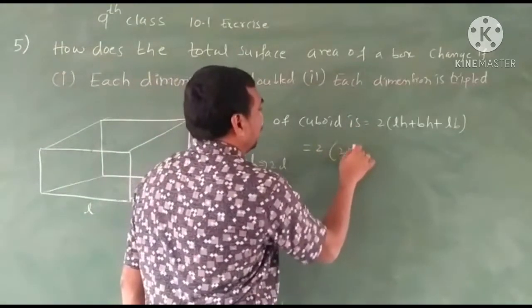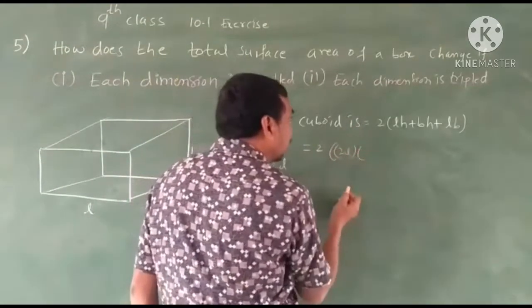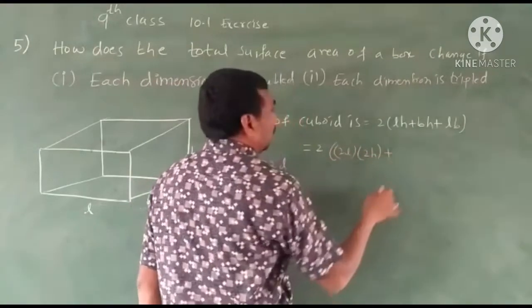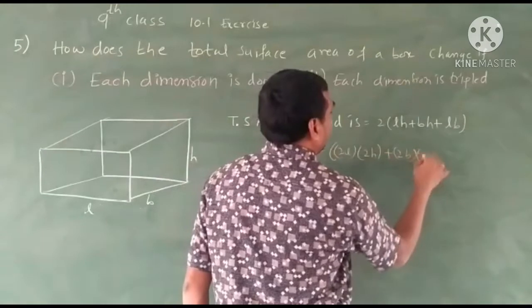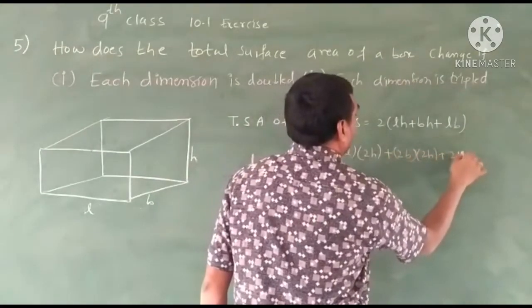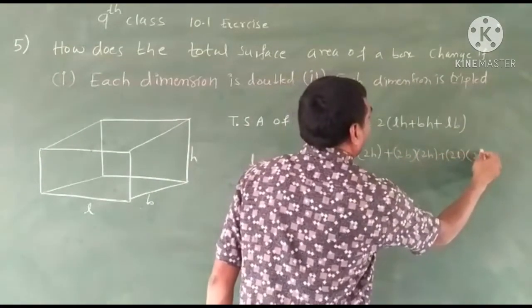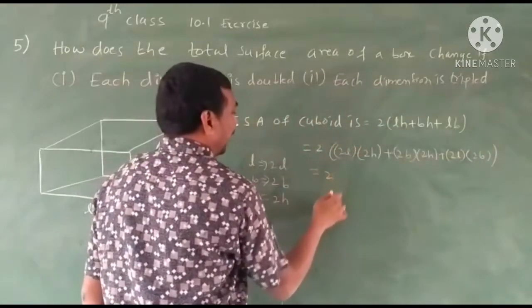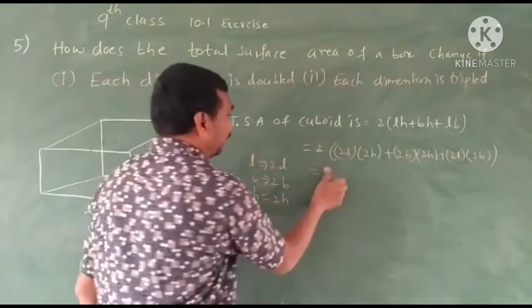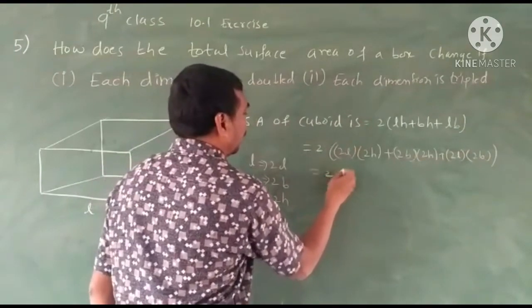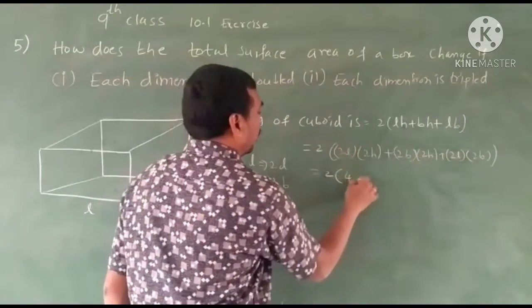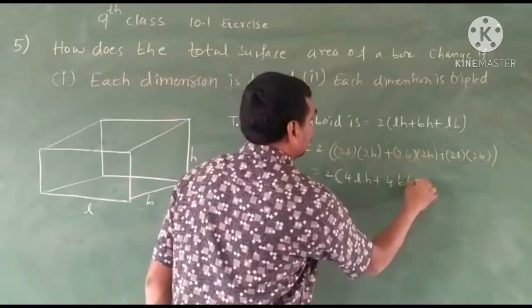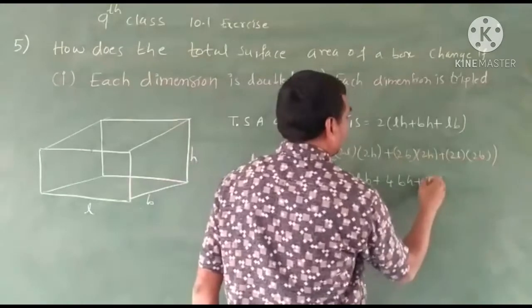L becoming 2L, H is becoming 2H, B becoming 2B. Okay, now we keep 2 as it is in the formula. Now 2 to the power 4, that is 4 LH, 2 to the power 4, 4 BH, 2 to the power 4, 4 LB.